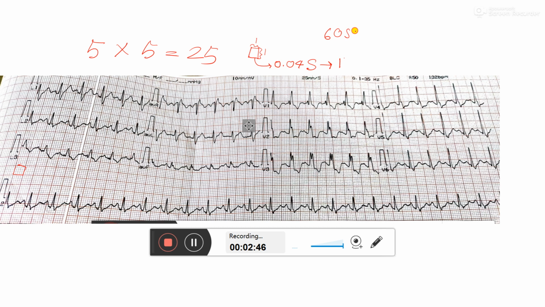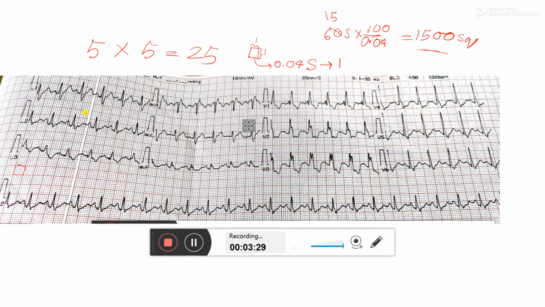So in 60 seconds, that is 60 into 1 by 0.04, which means 1500 small squares. Okay, so in 1 minute in a normal heart, a normal ECG paper travels 1500 small squares.